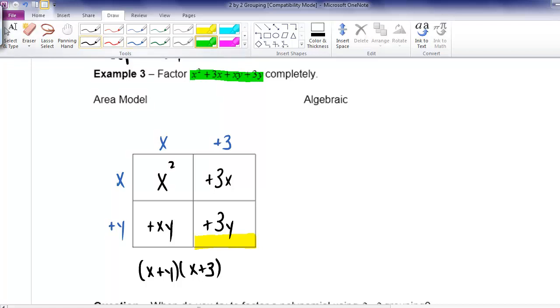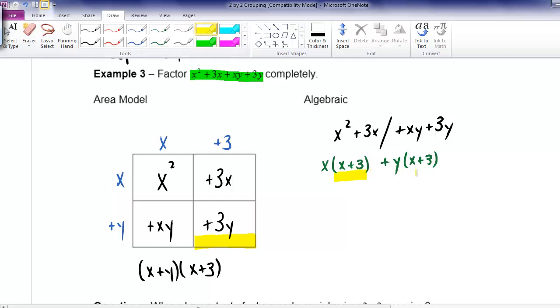Okay, let's look at this example algebraically. Algebraically, we break this into 2 groups of 2. That's where the name comes from, 2 by 2. 2 times 2 is 4. We look at each piece separately. Again, I'll speed up a little bit. We factor that. They have a common factor of y. X plus 3 is left over.